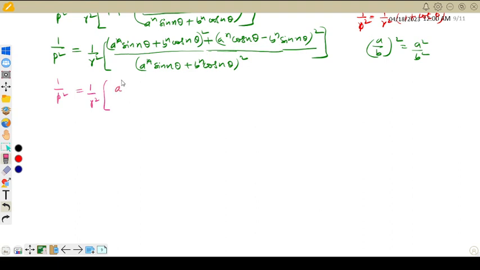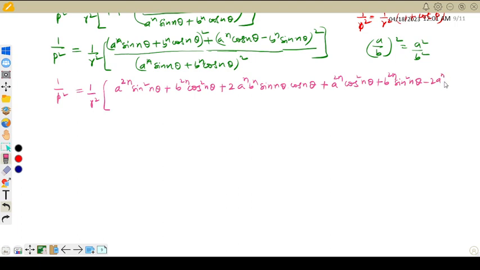This is a square, a raised to n whole square is a raised to 2n into sin square n theta plus b raised to 2n into cos square n theta plus 2 into a raised to n into b raised to n sin n theta into cos n theta, plus a minus b whole square: a raised to 2n into cos square n theta plus b raised to 2n into sin square n theta minus 2 a raised to n into b raised to n into cos n theta into sin n theta.